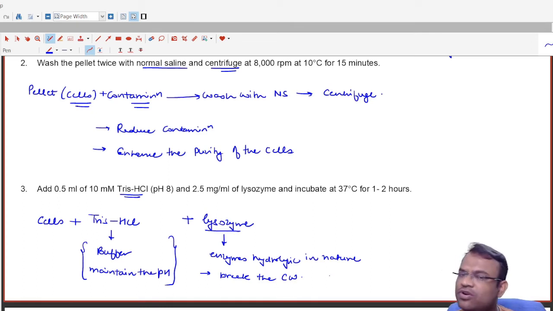So the cell wall of the bacteria would be broken down, and you have to incubate this with the Tris HCl and the lysozyme. So this completes the third step.